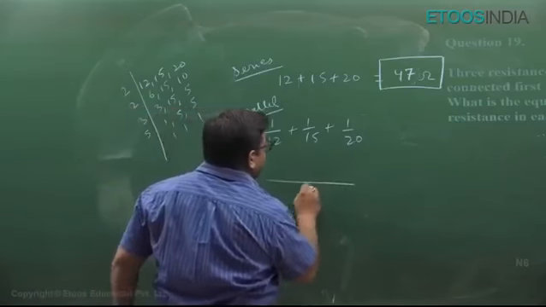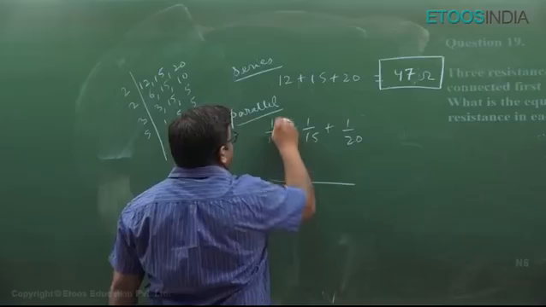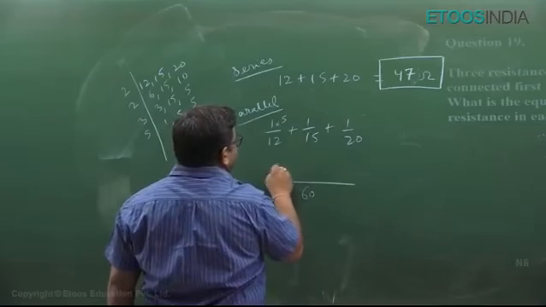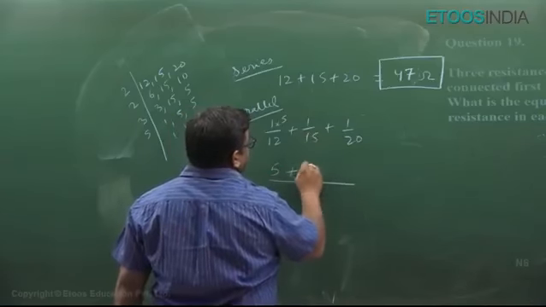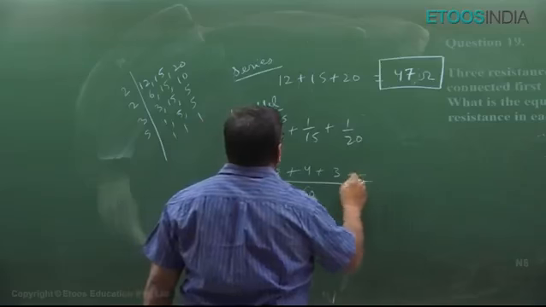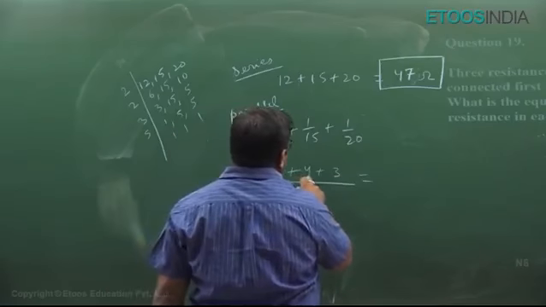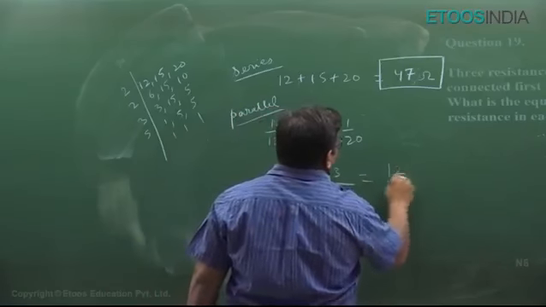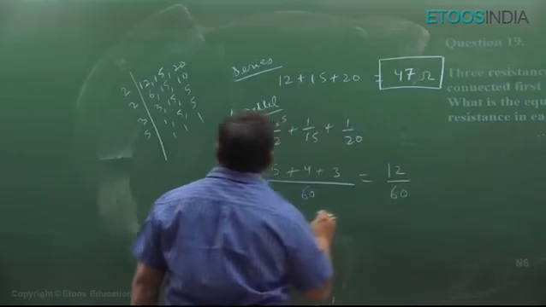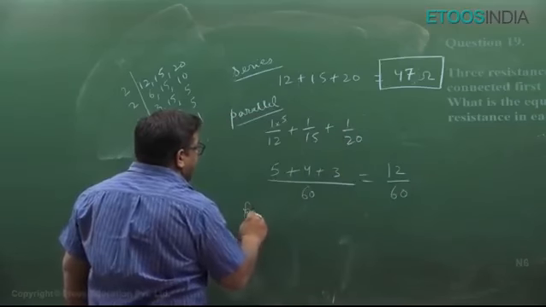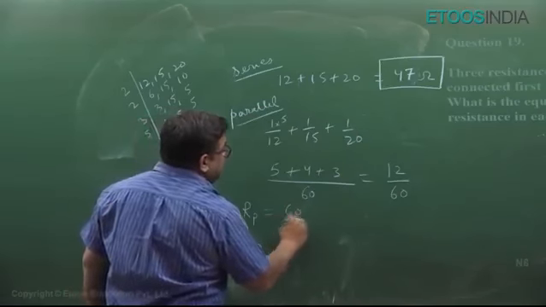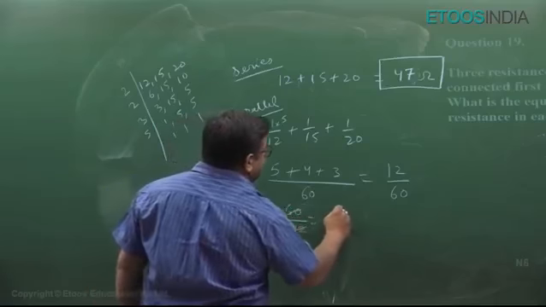So the LCM is 60 here. Now it will be multiplied by 5, it becomes 5 plus 4 plus 3. So the answer is 12 upon 60. Now we'll inverse the answer. Rp will be equal to 60 upon 12 and the answer is 5 ohm.